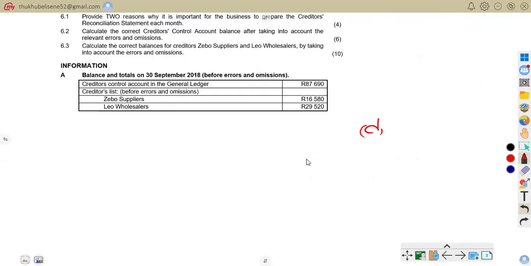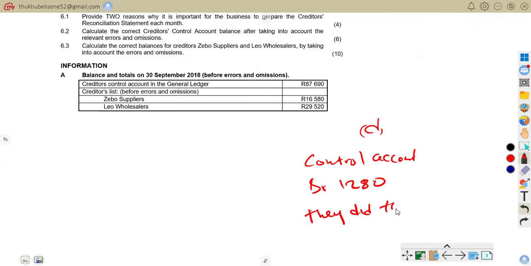whereby under the control account, remember we're supposed to say debit 1,208. Instead of doing like this, they did this way.